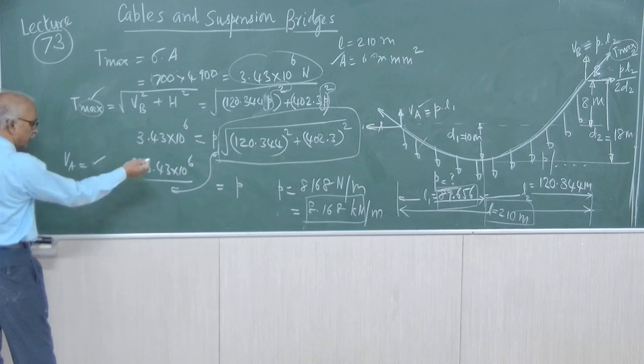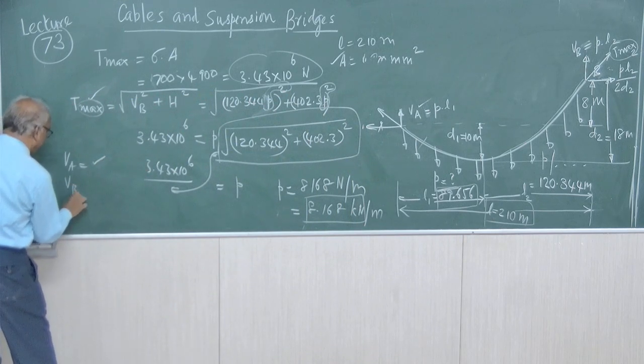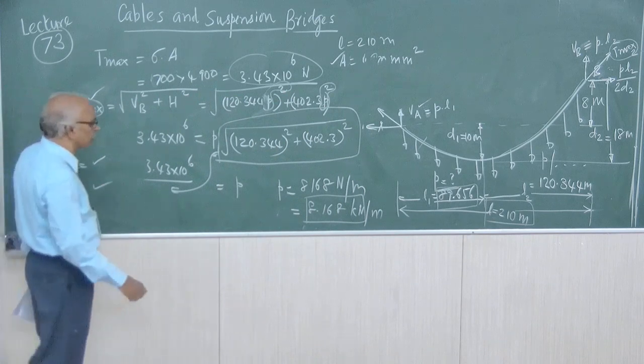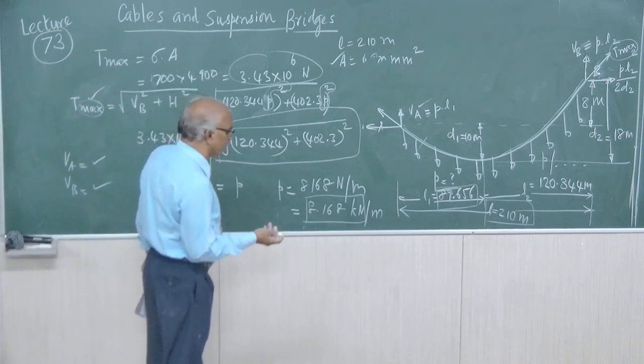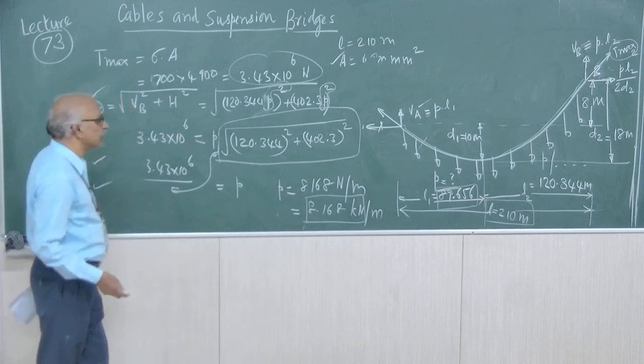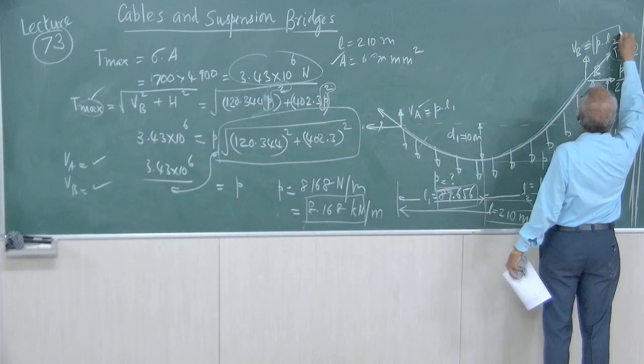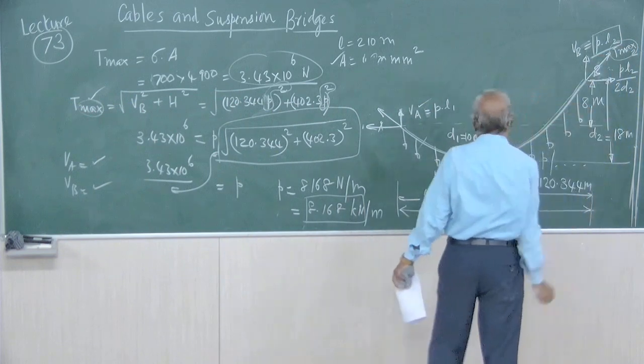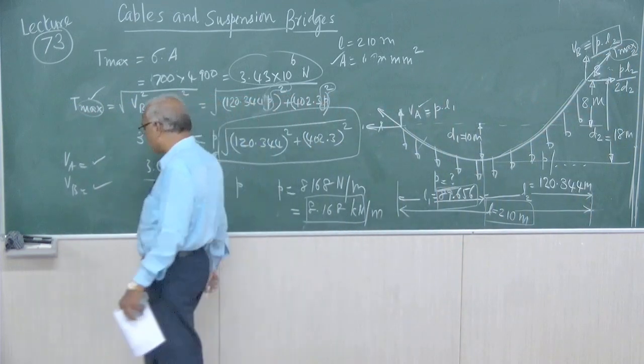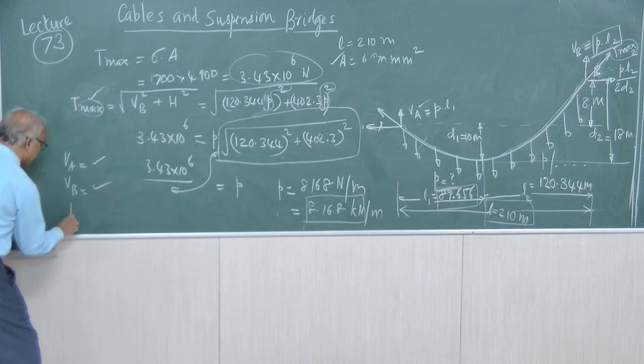Now P is known. VB, we can find out VB equal to 120.344 into P. So P into L2. So P is known now, L2 is already known, we can find out the value of VB. Then we can find out the value of T max.